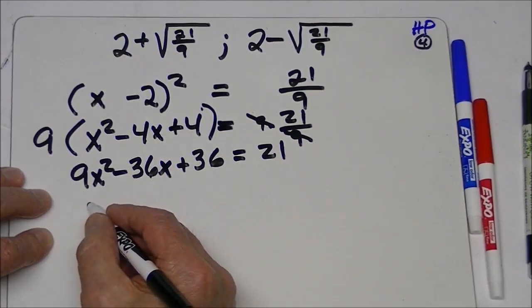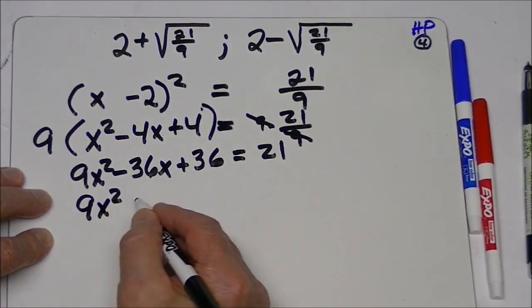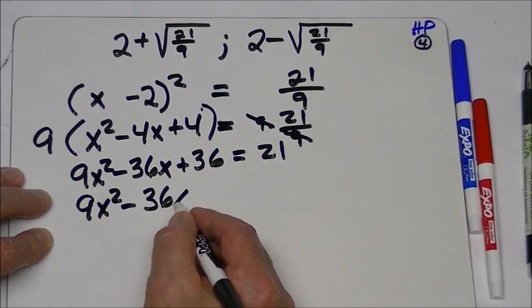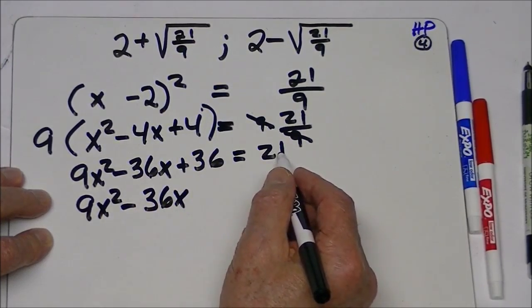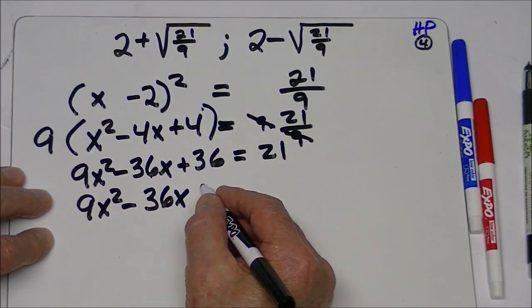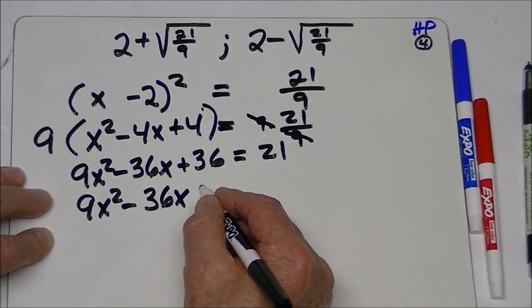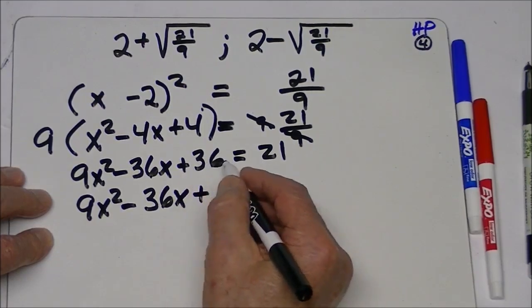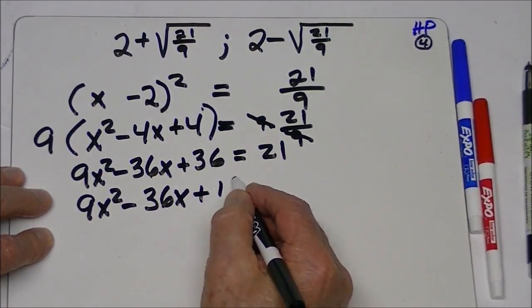And we get 9x squared minus 36x, subtract 21 from both sides, and this gives us a plus 15.